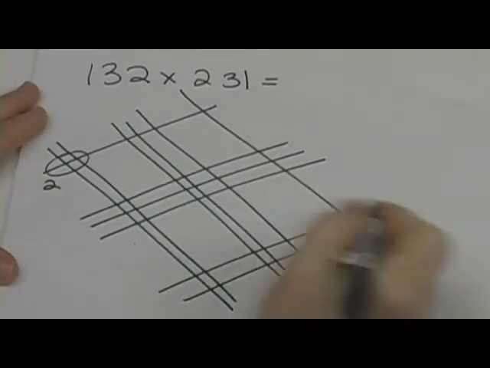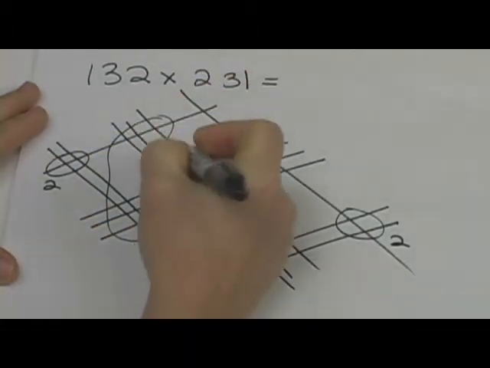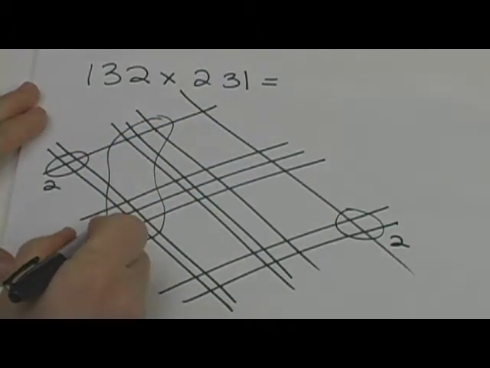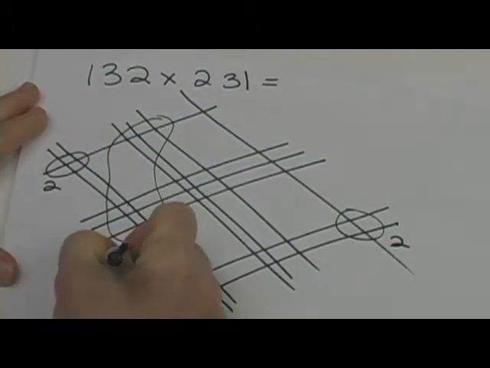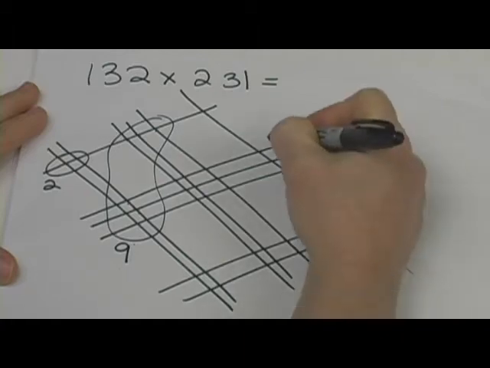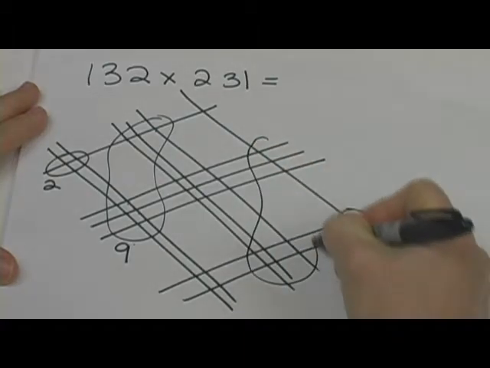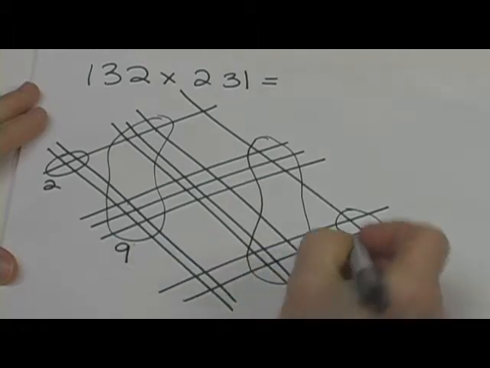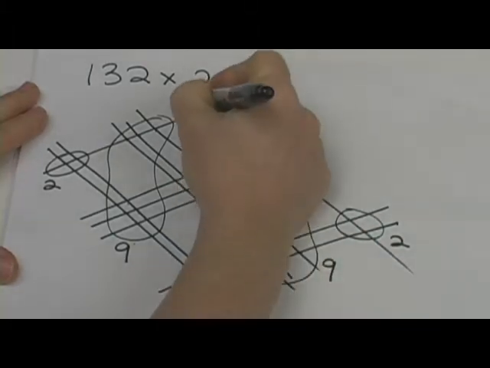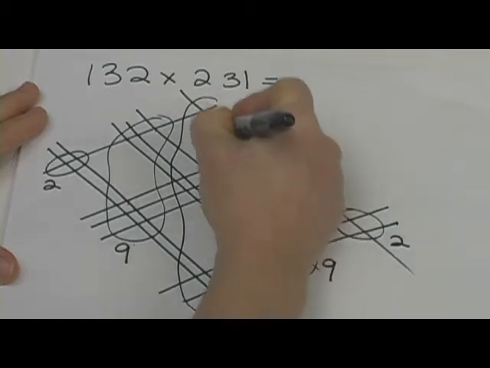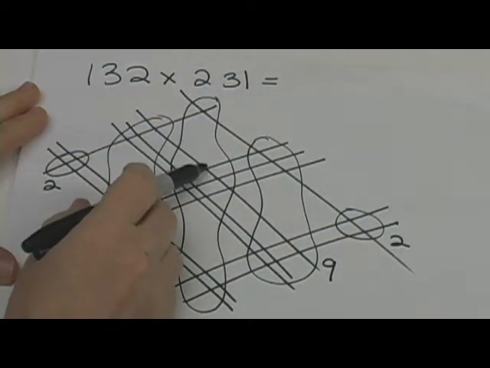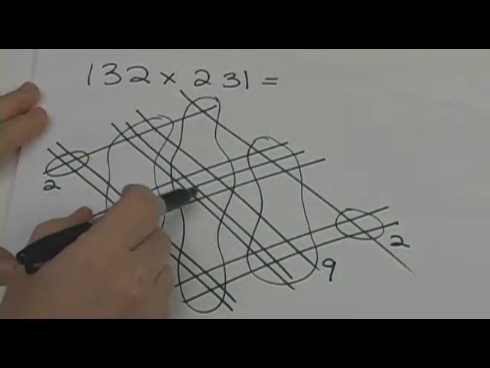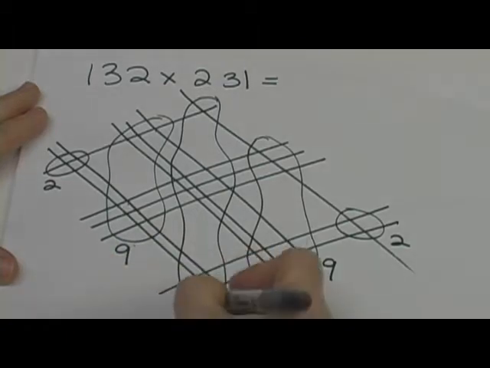Over here I've got a 2. Over here I've got 1, 2, 3, 4, 5, 6, 7, 8, 9. And then over here I have 1, 2, 3, 4, 5, 6, 7, 8, another 9. And in the middle I've got a 1, 2, 3, 4, 5, 6, 7, 8, 9, 10, 11, 12, 13, 14. Another 14 in here.